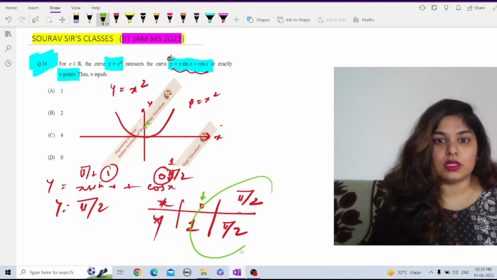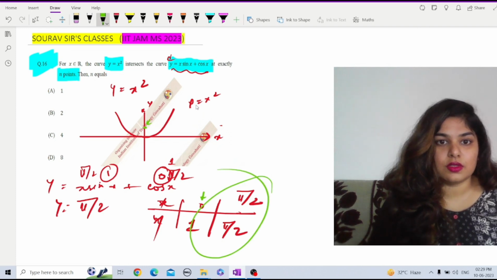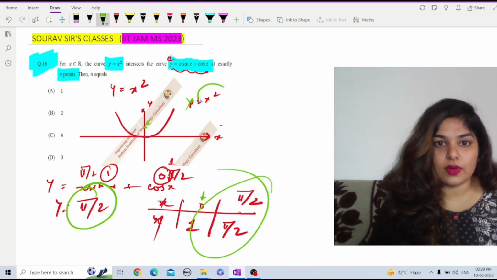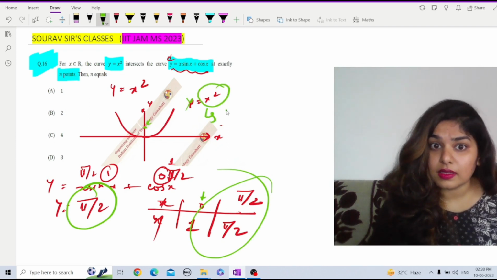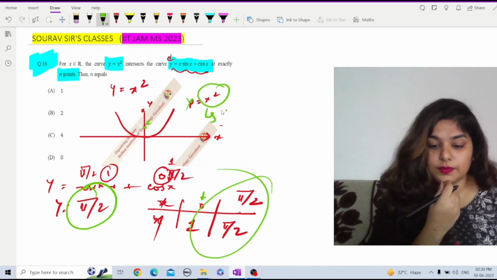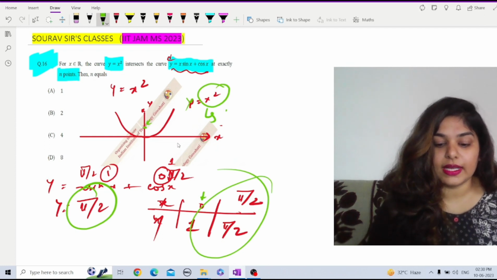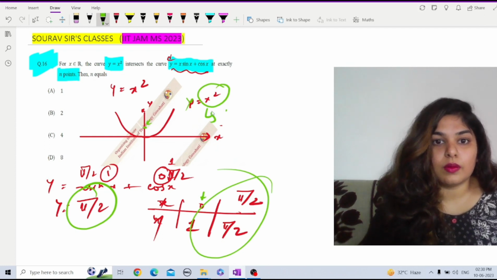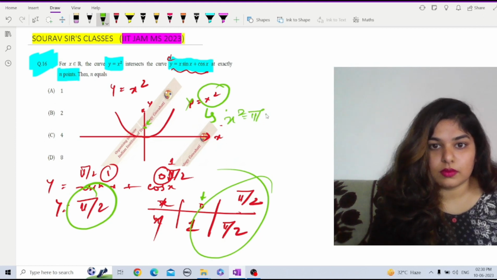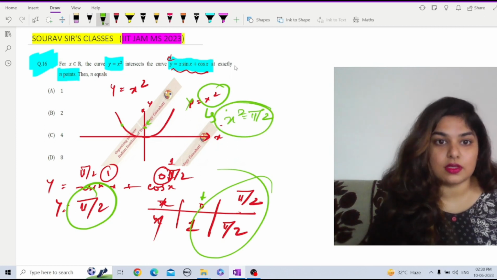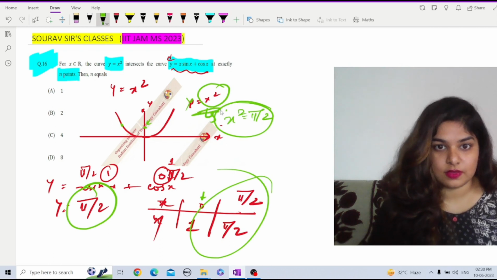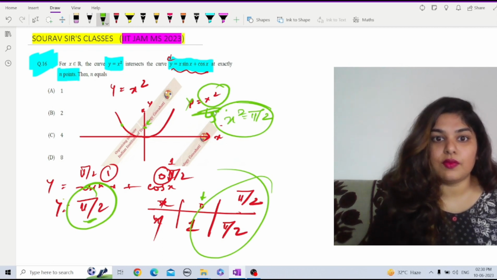And in order to find out pi by 2, see, y is equals to pi by 2 and y is equals to x square. So x square is equals to pi by 2, right? So that means pi by 2 will be somewhere here, and the point of intersection will be somewhere on this curve as well, because y is equals to pi by 2 and y is equals to x square.